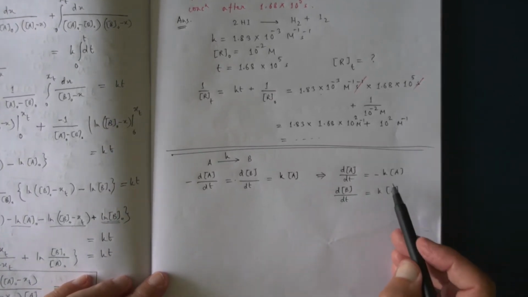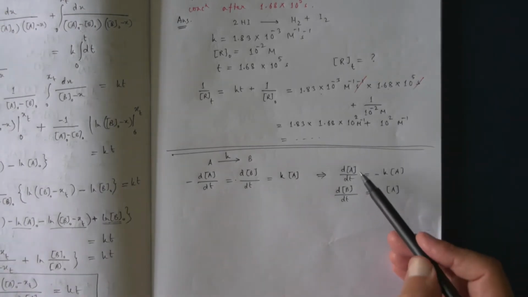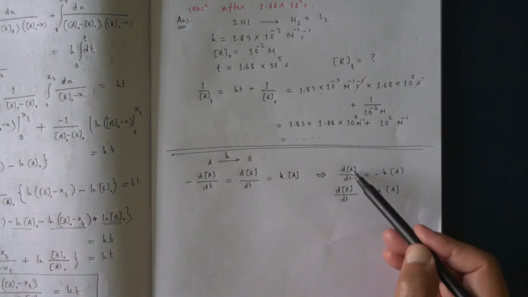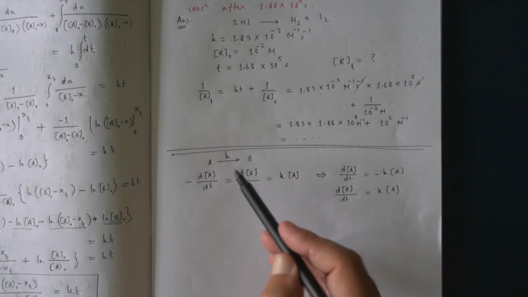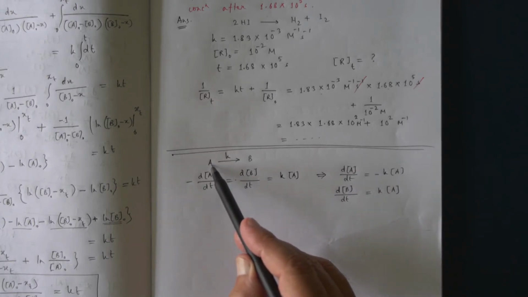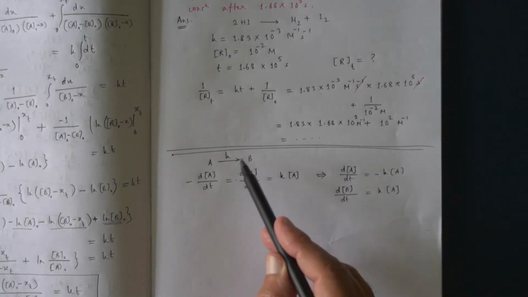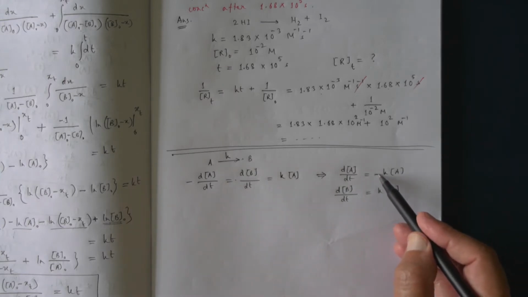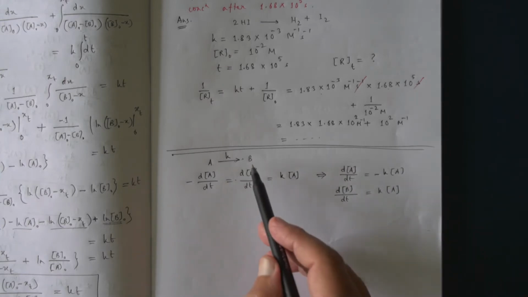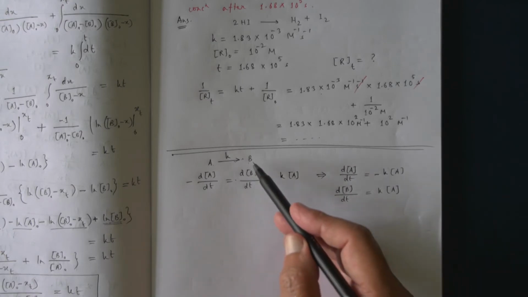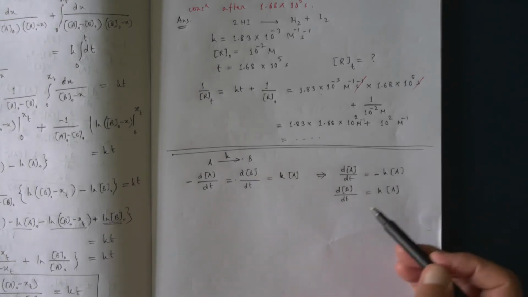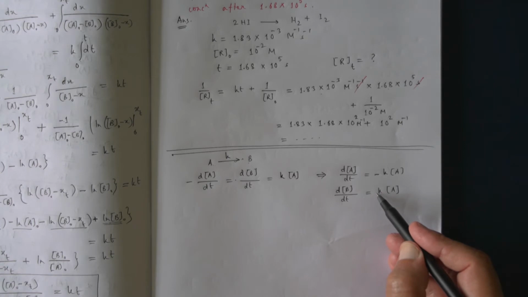This is simple. Now you see, A is the reactant, so concentration of reactant decreases, so there is a minus sign. B is the product, concentration of product increases, so there is a positive sign.